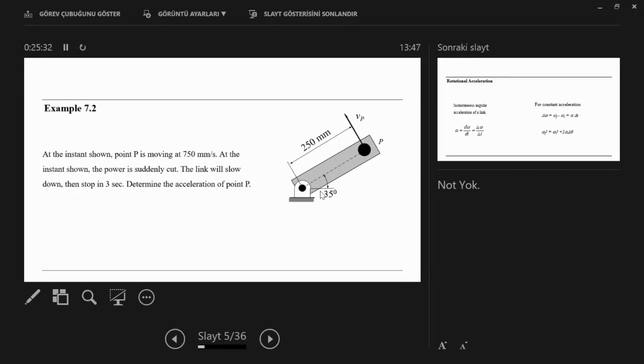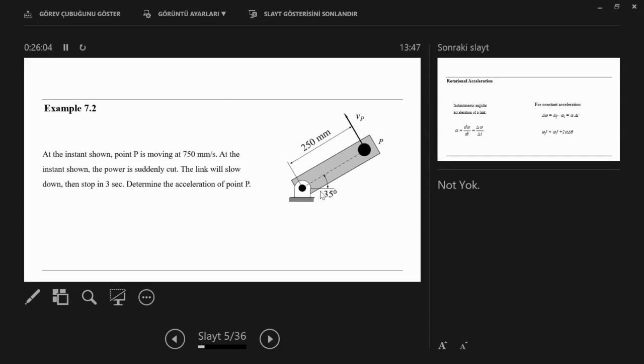At the instant shown, point P is moving, that means the initial speed V initial is equal to 750 millimeters per second, and at the instant shown the power is suddenly cut.